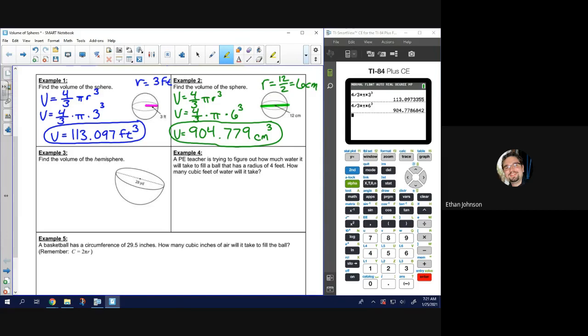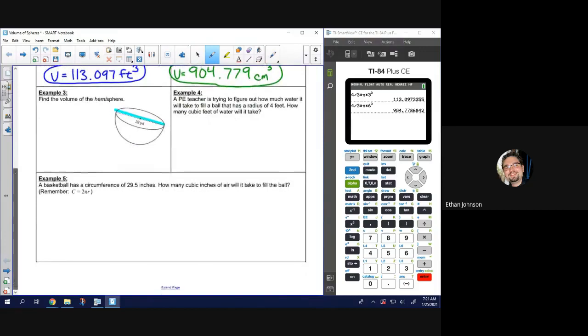So in this problem, I have the length going all the way across. In other words, I have my diameter. So I need my radius. So I need to do 28 divided by 2 to get 14 yards as my radius.